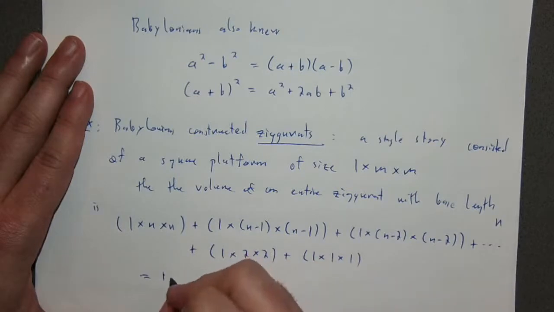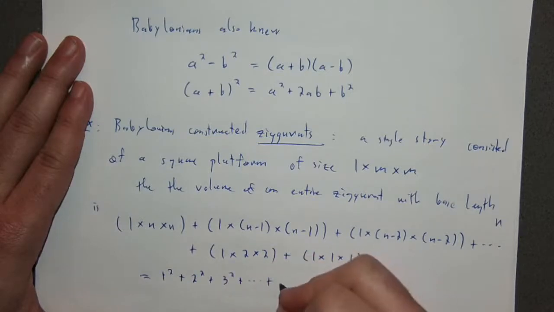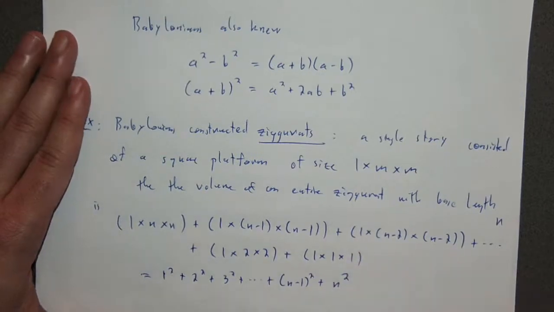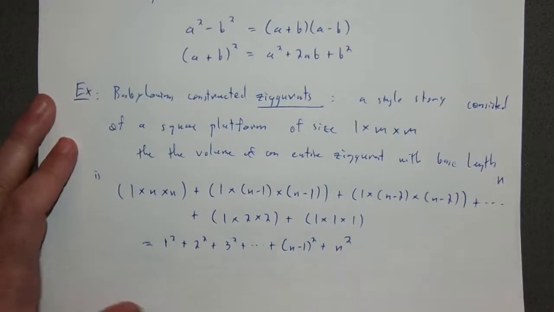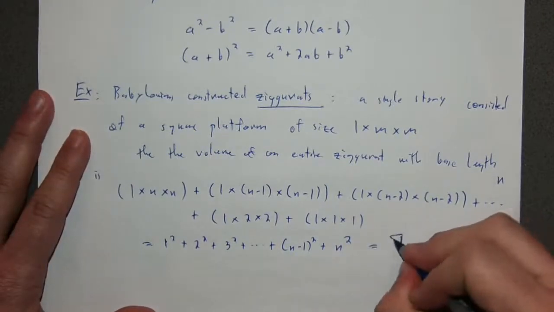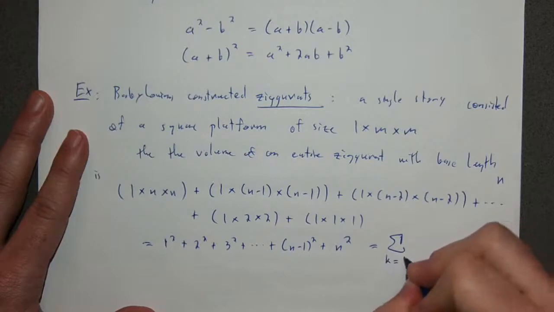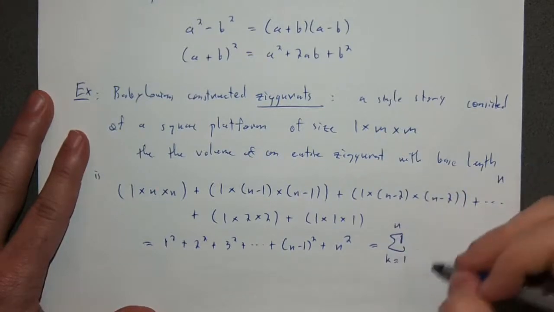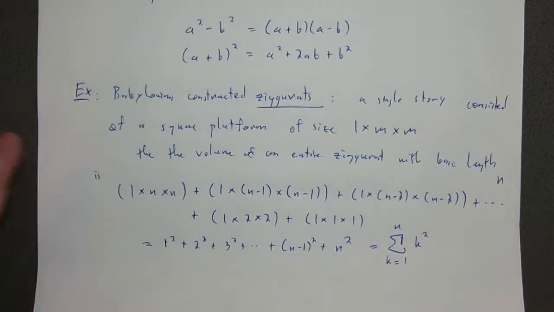So this is 1 squared plus 2 squared plus 3 squared all the way up to n minus 1 squared plus n squared, written in modern sum notation. We can maybe make this more convenient. You could say this is the sum from k equals 1 to n of k squared.